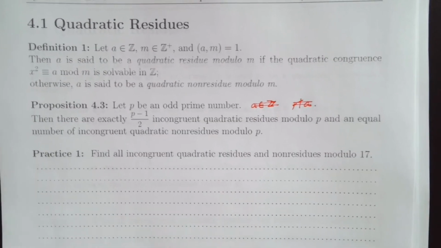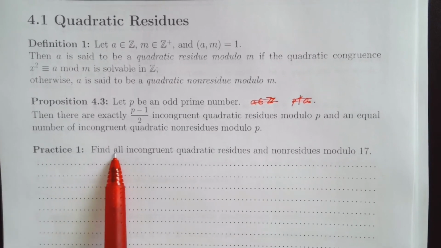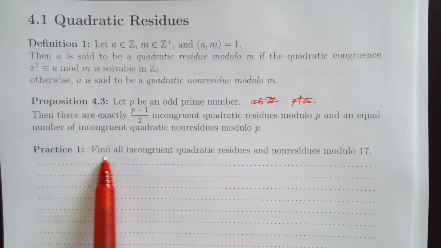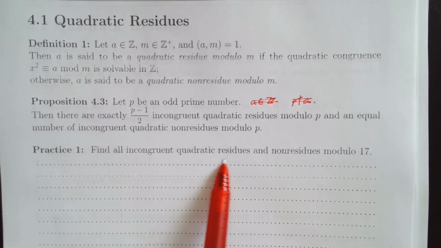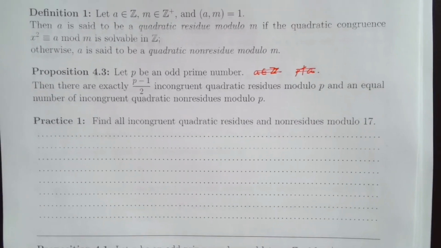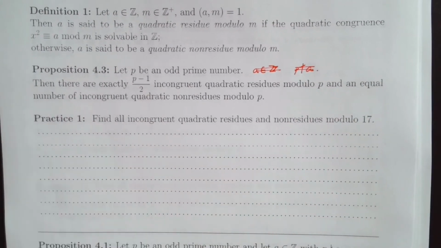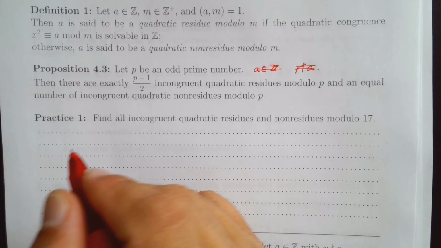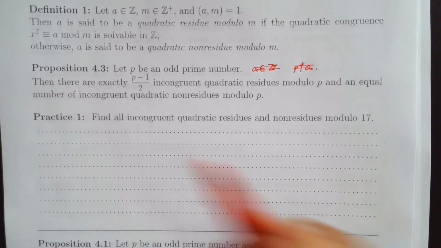Let us say that we want to use this proposition to find all incongruent quadratic residues and non-residues modulo 17. What can we do? First, let's understand what we're being asked.